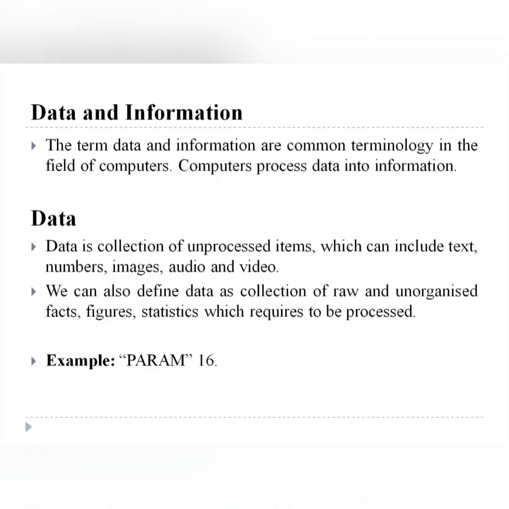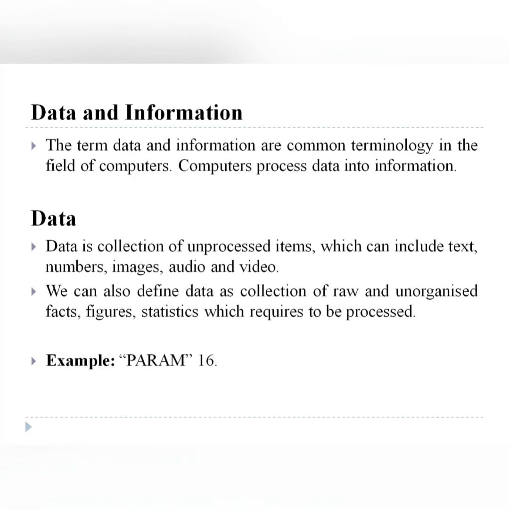And the next component is data and information. These are one of the main components of a computer. Without data, the computer doesn't process anything. So we need data to process and we should get some meaningful information.